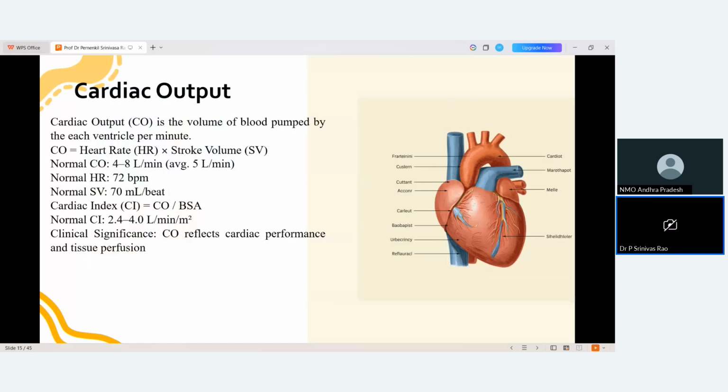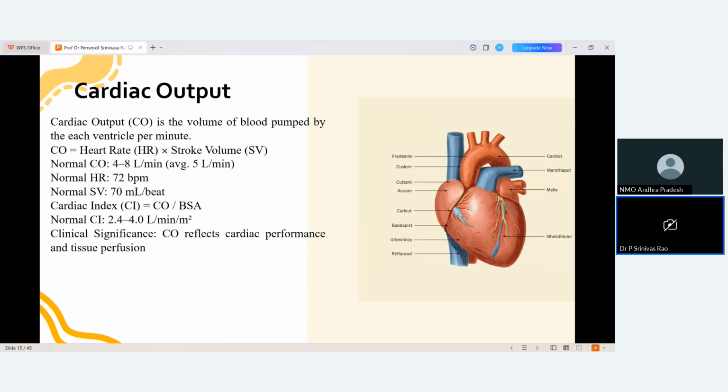Cardiac output. See, in the exam, many of you, when we ask what is cardiac output, you are telling heart rate into stroke volume. That is wrong. You should not tell like that. Heart rate into stroke volume is the formula for determining the cardiac output.